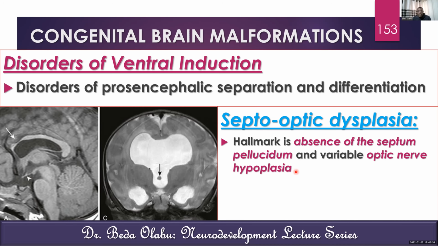So we call that one septo-optic dysplasia. Remember, these are midline structures. So in this one, the lobes are okay, but now the problem is with the septum pellucidum and the optic nerve pathway.